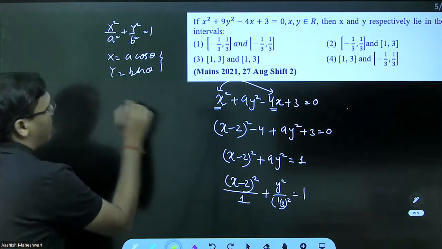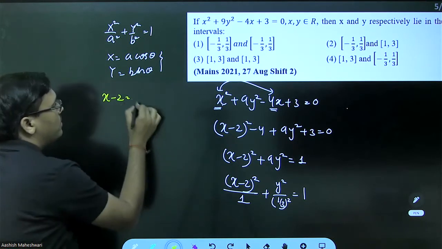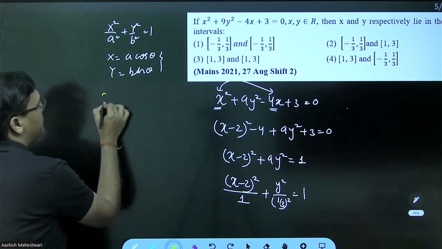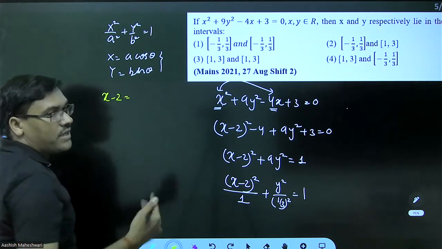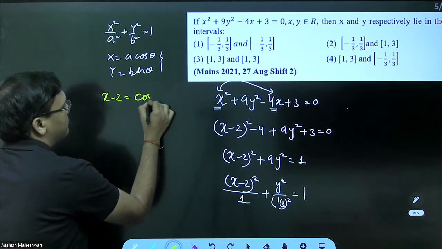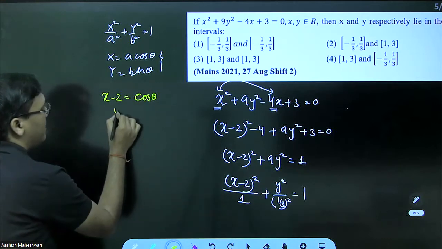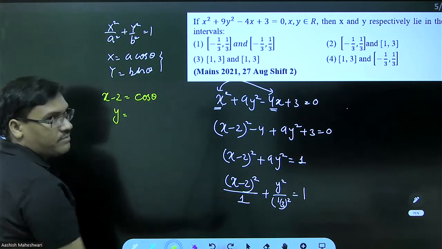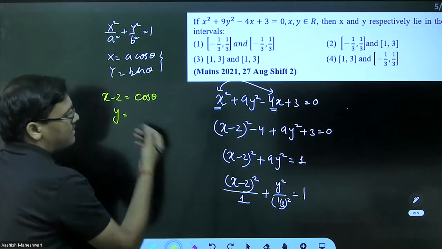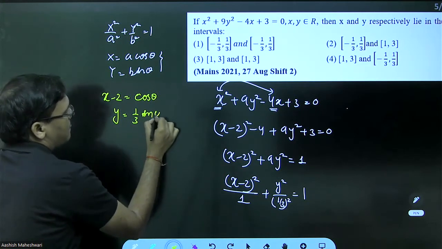Can we say on this ellipse, I can take x minus 2 is equal to a cos theta. What is a here? 1. So this is 1 cos theta. Parametric coordinate. And what is y? Y can be taken as b sin theta. B is 1 by 3. So this is 1 by 3 sin theta.